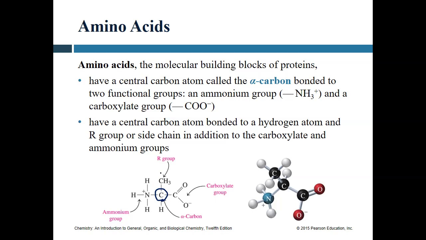This R group is what makes the 20 amino acids different from each other. That R group is kind of the wild card of the amino acids. Every single amino acid has a different R group. And it is the R group that is also going to give some of those side characteristics that we talked about: polarity, acidity, so on.